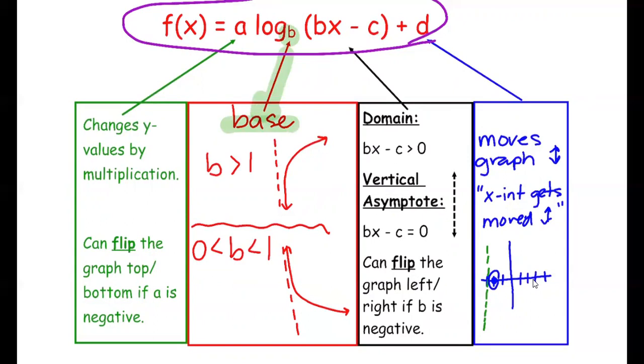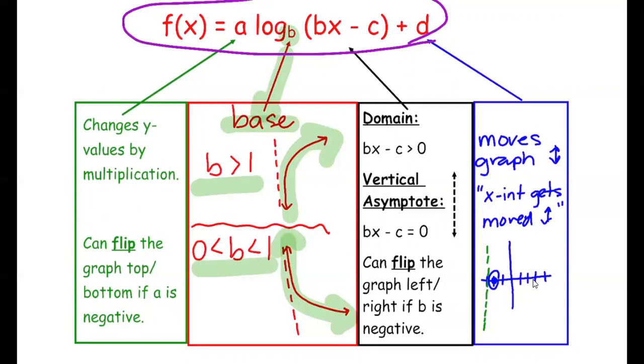But please notice if your base is bigger than 1, like it just was, it will be an increasing function, okay? If the base is smaller than 1, now notice your base, we already talked about this, cannot be 0 and it cannot be negative. And so as a result, this is what it would look like for being a decreasing function. Notice it's got a vertical asymptote on both of those. So those are kind of interesting points to think about.